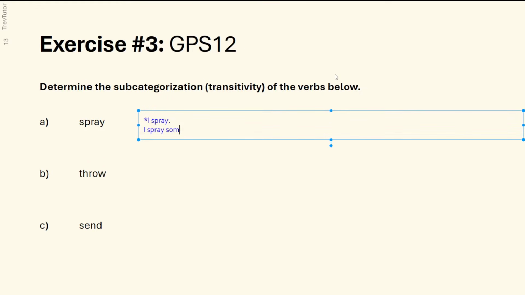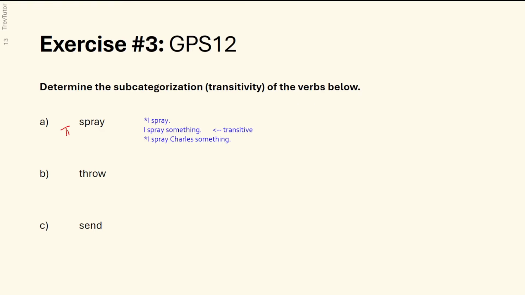Typically, what we want to say is I spray something. So this would tell us that it's transitive because we can have a relationship with the object and direct object. We also can't say something like I spray Charles something. So that's not okay. Therefore, it's not going to be ditransitive either. So spray, speaking fairly strictly, is just transitive.